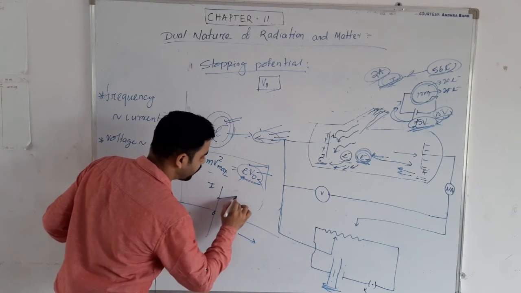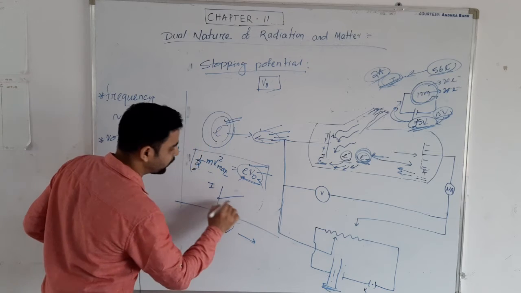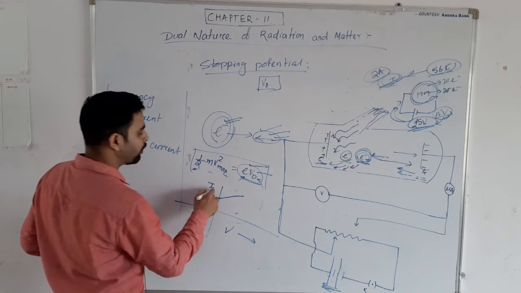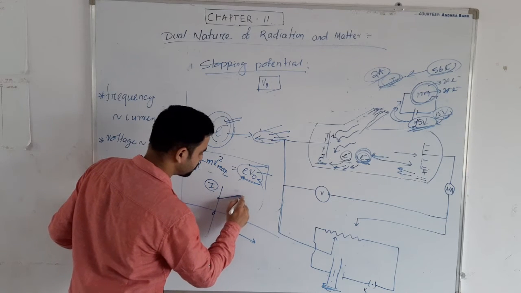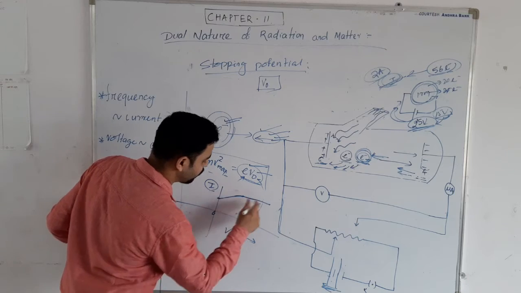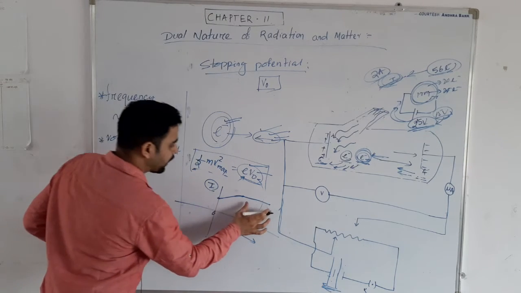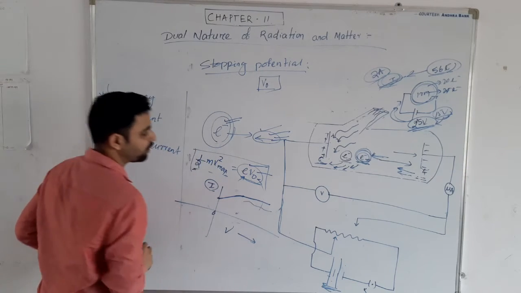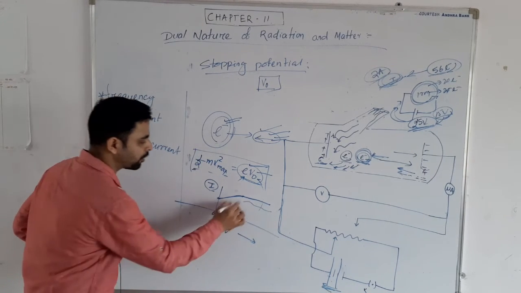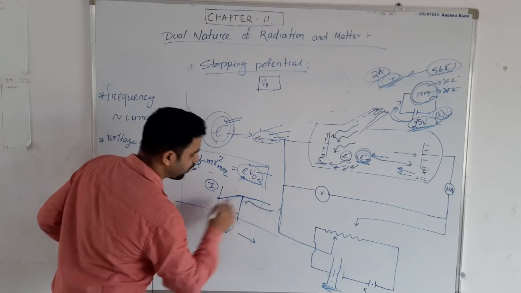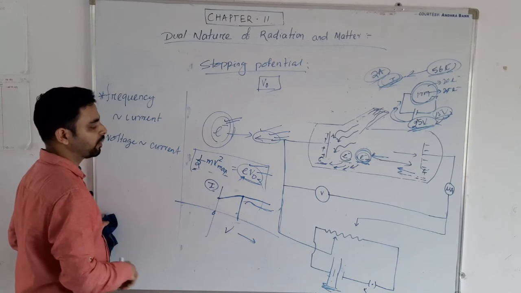Then I increase the voltage and I can observe an increase in the value of current. Then after a certain voltage, I will get a saturated value of current. The current value is not increasing after a certain value of voltage.